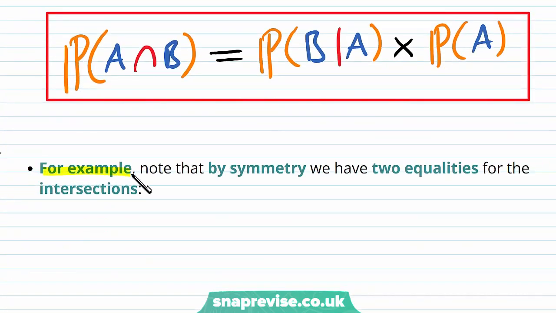For example, note that by symmetry we have two equalities for the intersections.